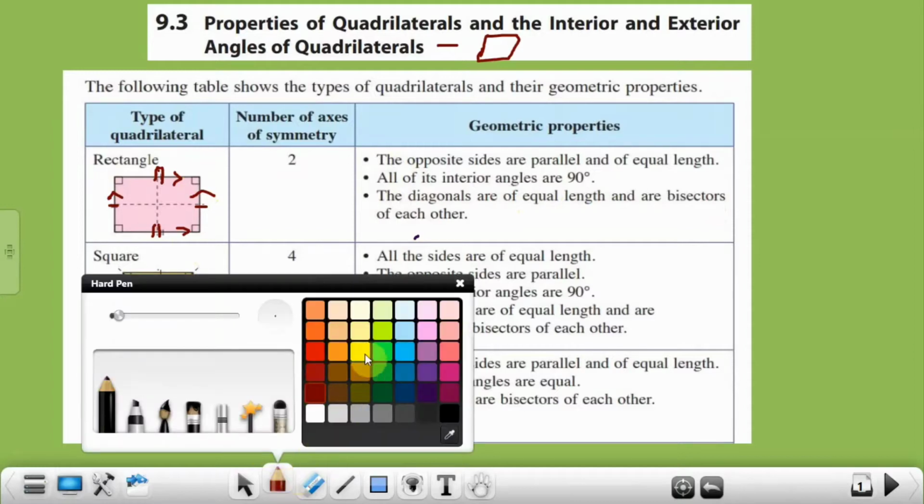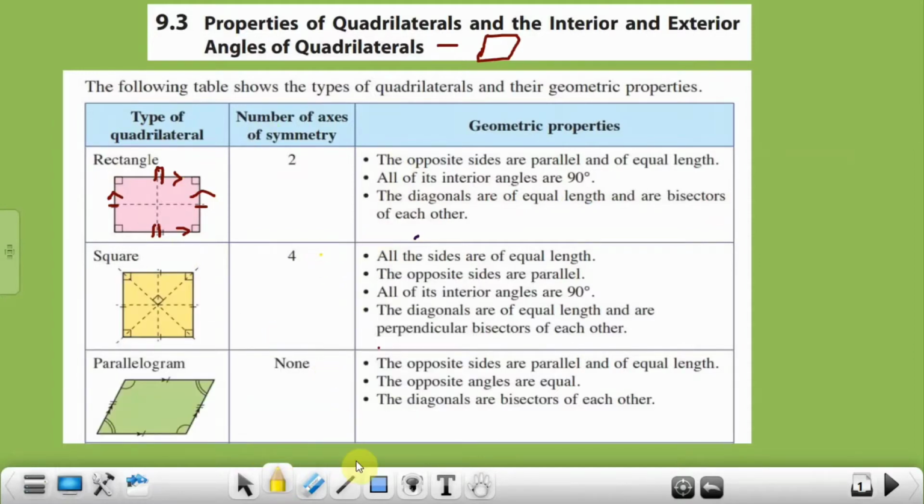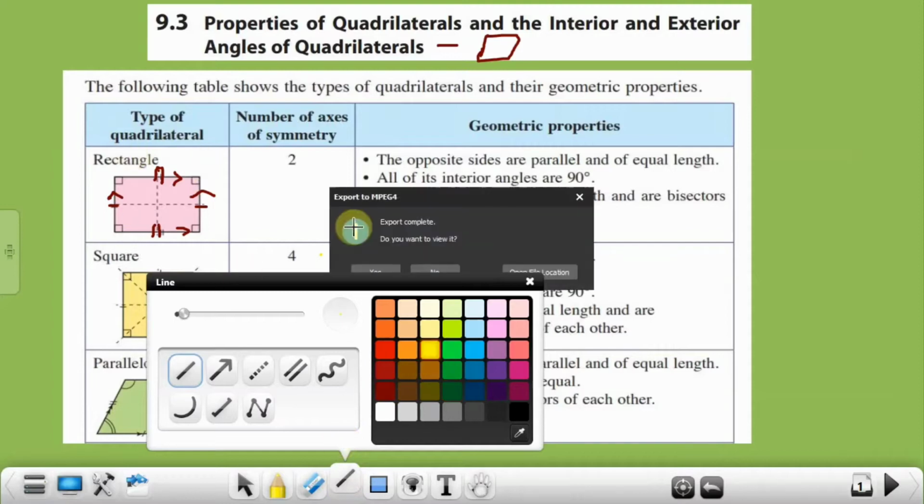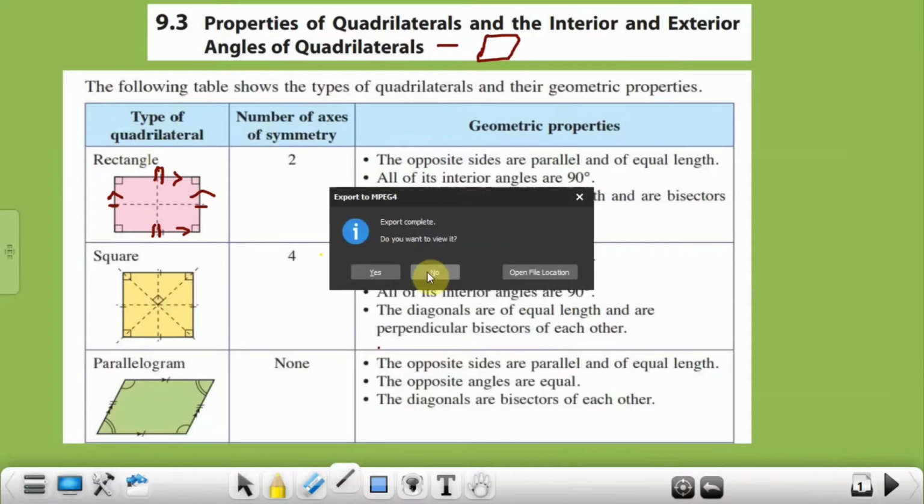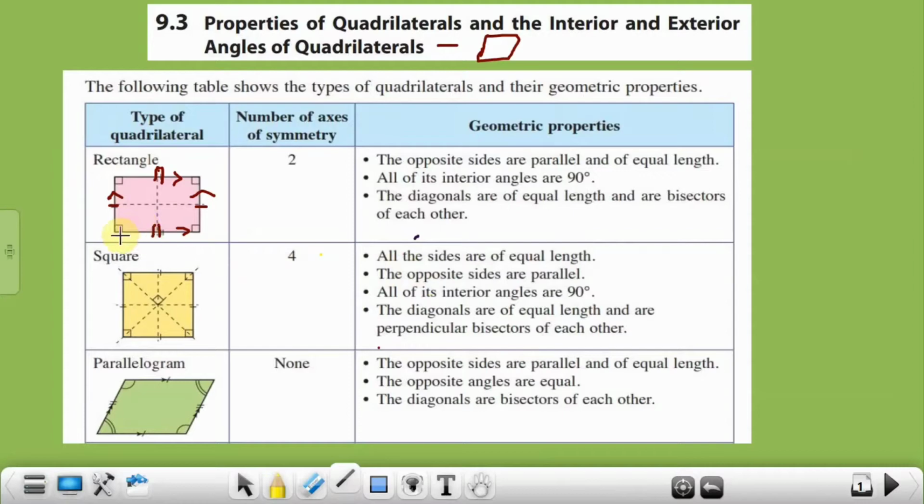Okay, so where is the diagonal? A diagonal is a line that will connect two opposite vertices. Okay, so we have two diagonals here, and this diagonal, number 1 and number 2, they have the same length, and these diagonals will bisect each other.